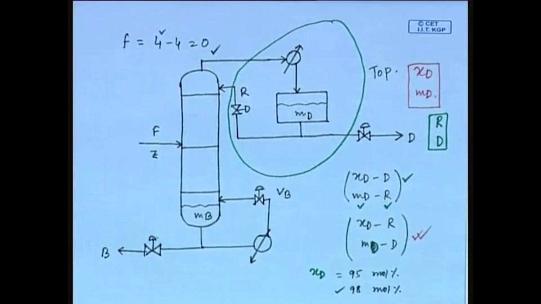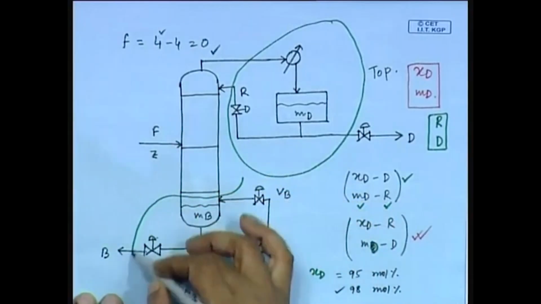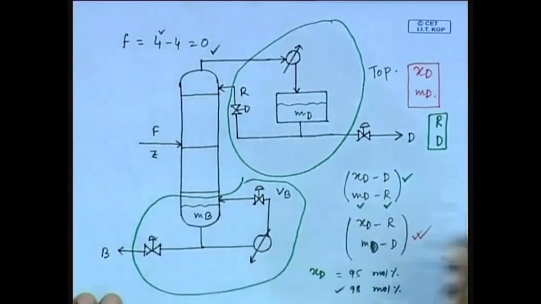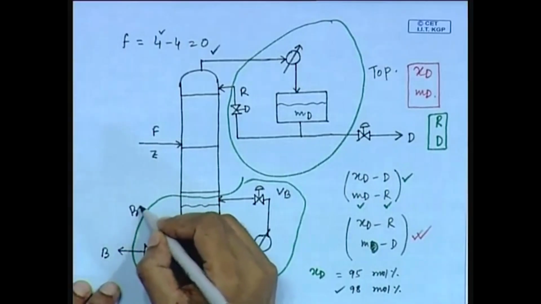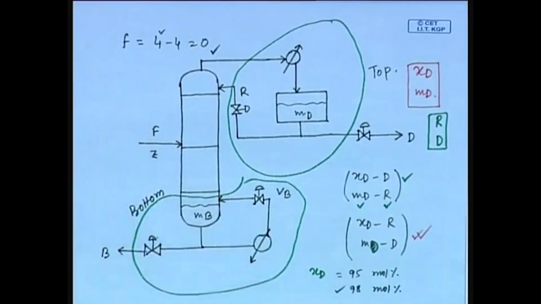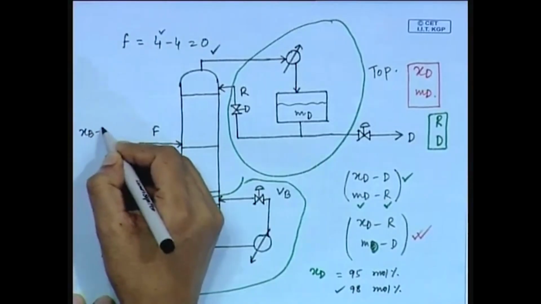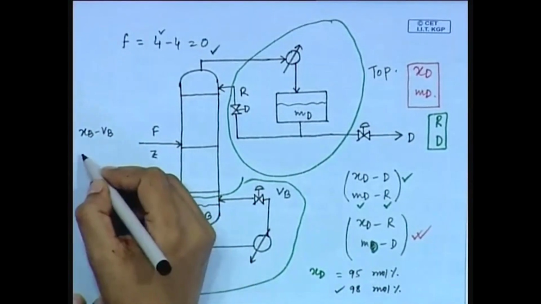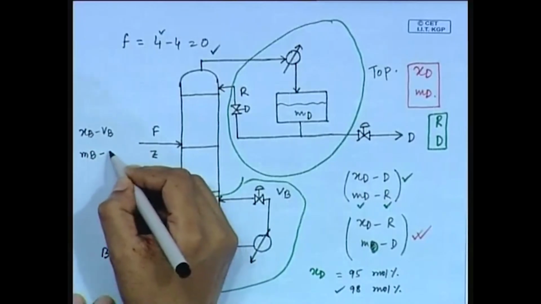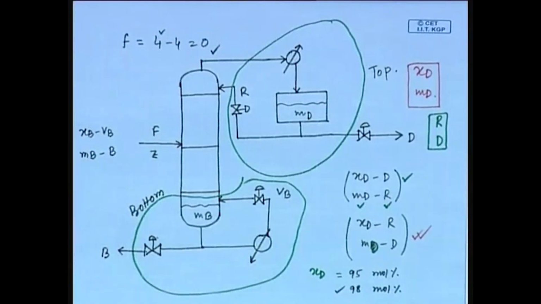By the similar way, for the bottom section, we choose xB versus VB and MB versus B. You see, MB can affect the process, but B is leaving the process.